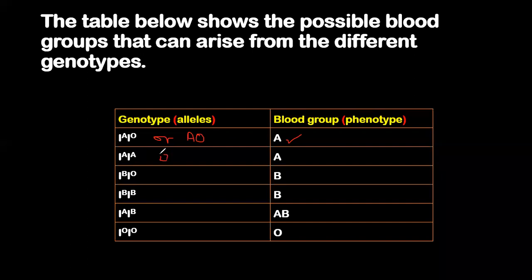If you have AA, that is capital A, then this one is still blood group A. Now, the AO one is A heterozygous, so in case the question says somebody was heterozygous for blood group A, this is what it means. But this one is A homozygous. I hope you still remember these terms.